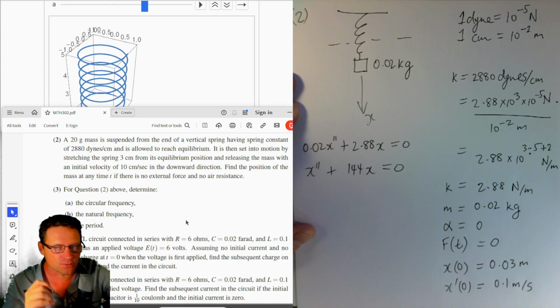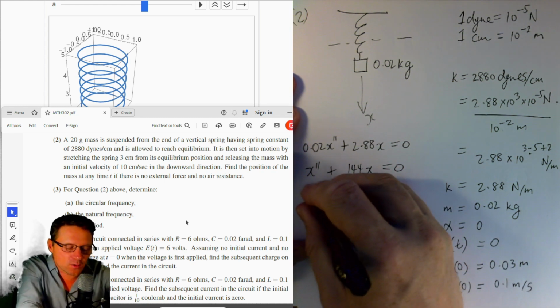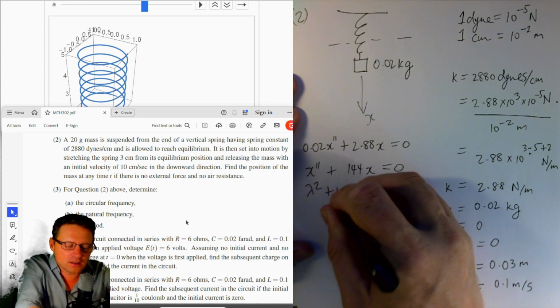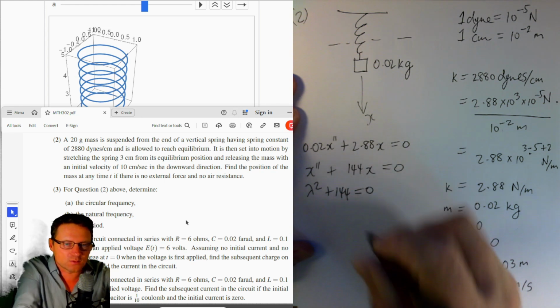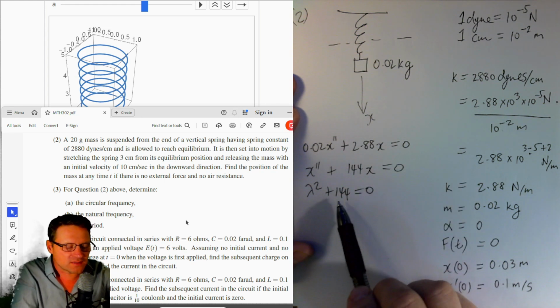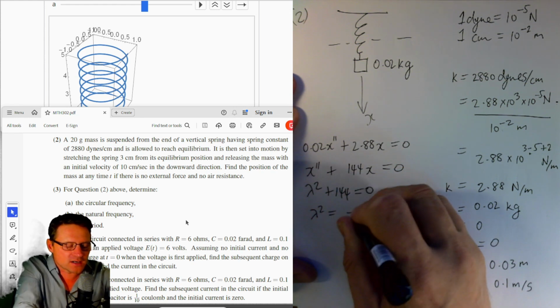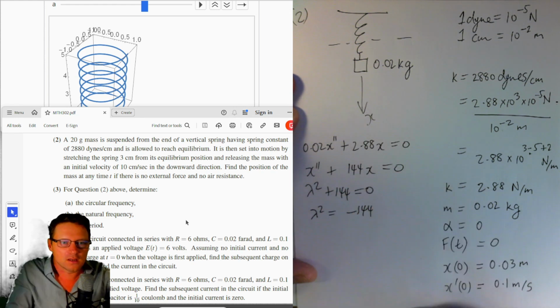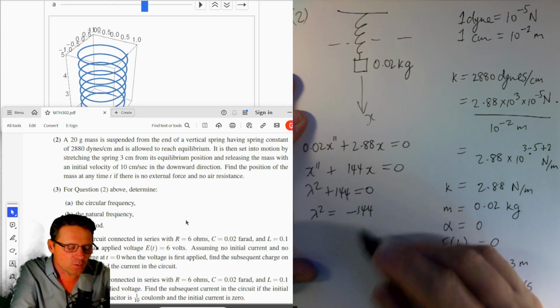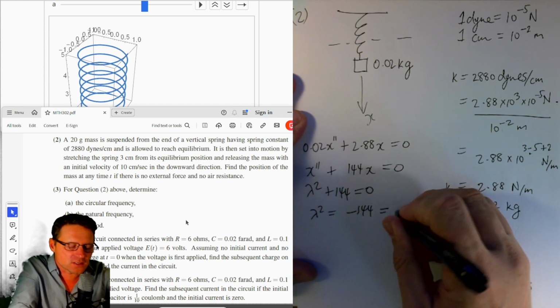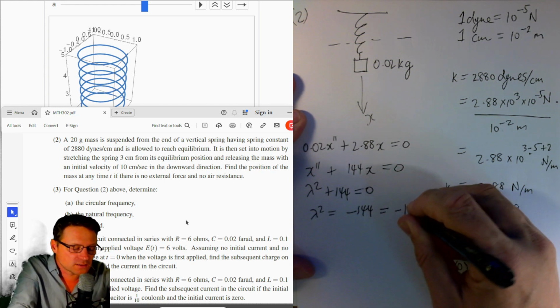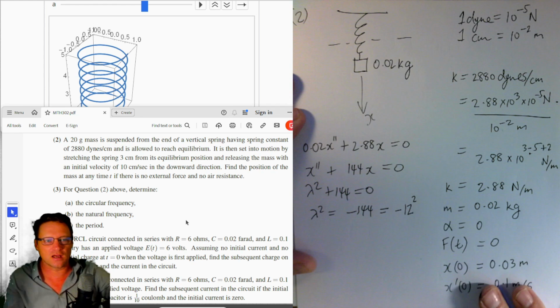And so next we want to write down our characteristic equation. So we get lambda squared plus 144 equals 0. So now we take that 144 over to the right-hand side, which gives us lambda squared is minus 144. And we take square roots. Now 144 is a perfect square, so it's minus 12 squared on the right-hand side.